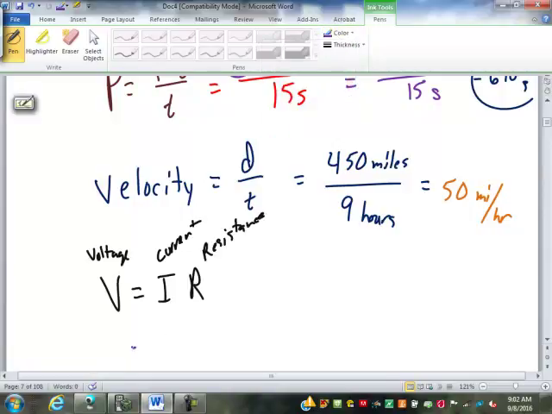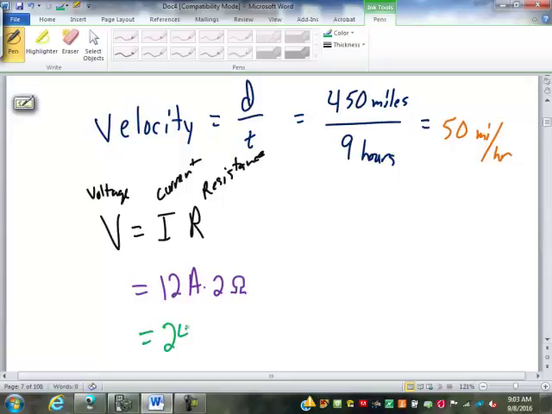So if I have a 12-volt battery pushing through, if I have 2 amps of current pushing through 2 ohms, the symbol for ohms is this upside down horseshoe that we saw in some of the homework. So 12 amps pushing through 2 ohms, 12 times 2 is 24, and an amp times ohm is a volt. Again, I don't expect you to know how to handle the units for now, but just be able to do the numbers. 12 times 2 is 24, so your voltage is 24 volts.